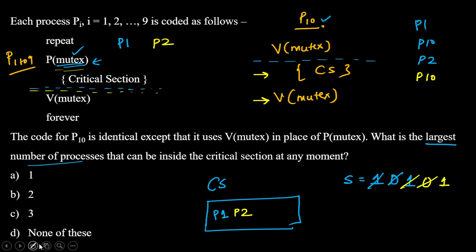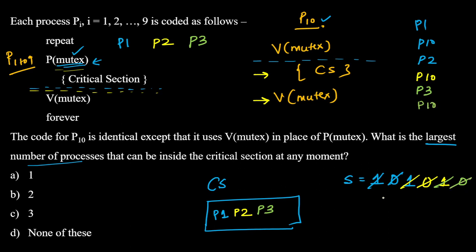Now what we will do? Now we will take process P3. So P3 again will start from the first statement. So P mutex, it will again change the value to 0 and it will enter the critical section. Then again we will execute P10. P10 will do V mutex.